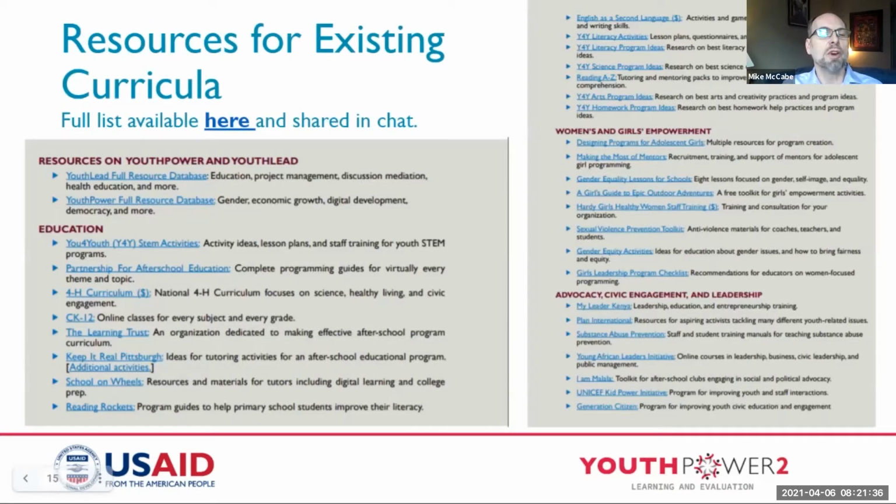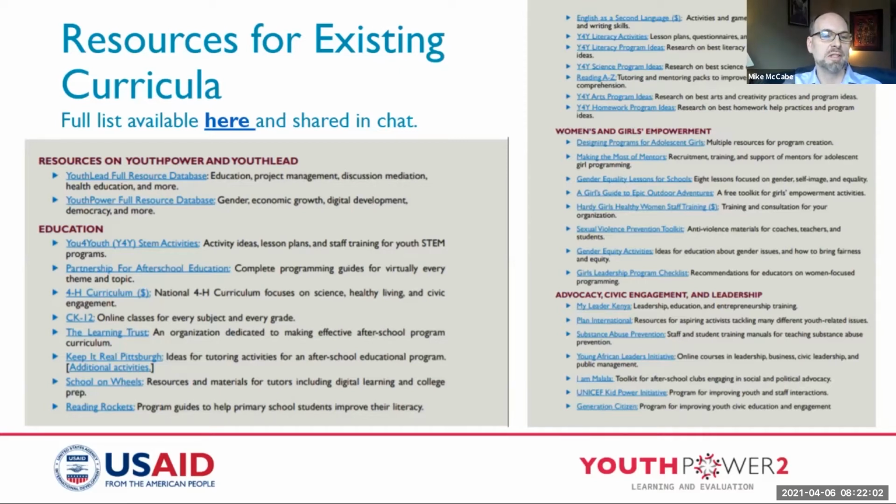So one of the best useful parts of this entire downloadable toolkit or the online version is you can go in and you can look at the resources for existing curricula. So there are resource sections that will walk you through the open curriculum that we've gathered from across the world on education, girls empowerment, advocacy, and civic engagement. And you can use these curriculums in your centers.